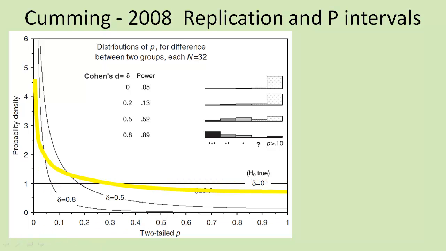When we have a Cohen's d effect size of 0.2, that is, the difference between the groups is 1/5 of a standard deviation, we see the curve rise slightly towards the 0 value, indicating that we are more likely to obtain smaller p-values. However, don't get too excited, because from the table we can see that we only have a power of 0.13, indicating that a mere 13% of the area under the curve is to the left of 0.05.